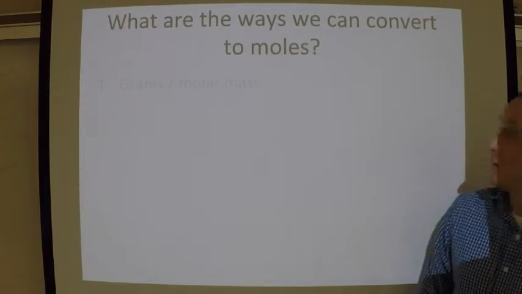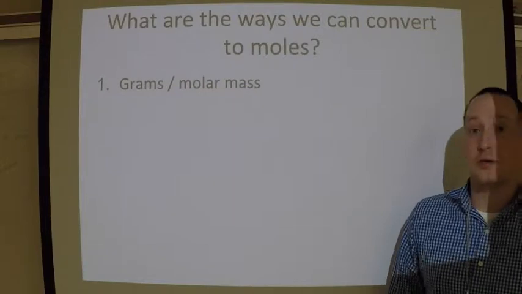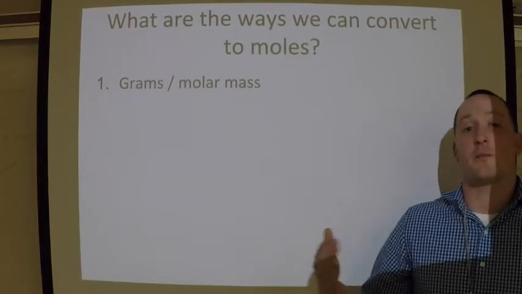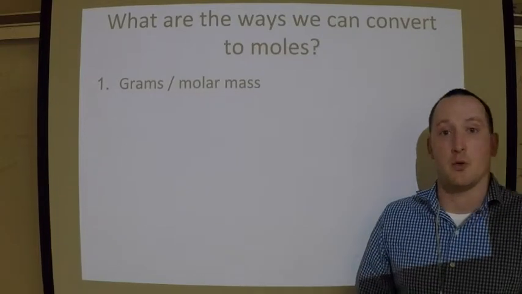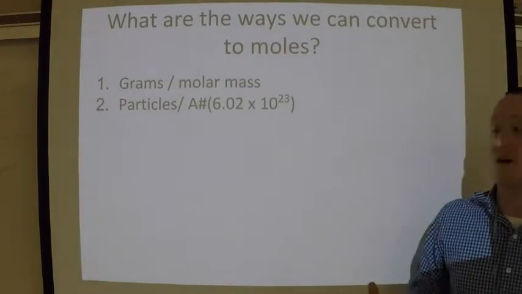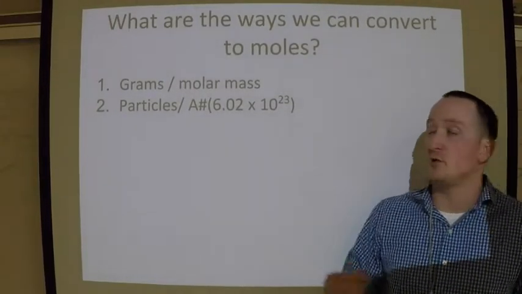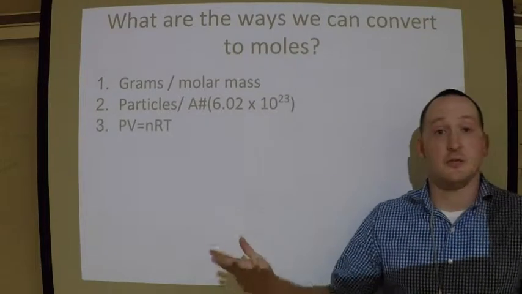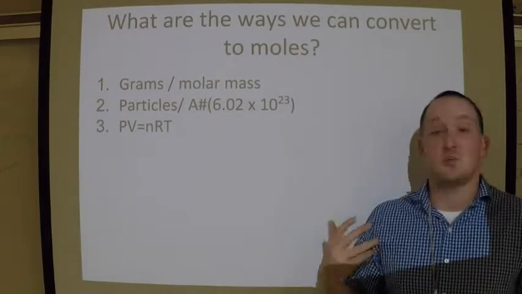Well, here are the ways that you should know. We can do grams divided by the molar mass. So if I know grams of something and I divide by the molar mass of that substance, I get moles. Then, if I take my number of particles and divide by Avogadro's number, which is 6.02 times 10 to the 23rd, that can get me to moles. I can use, like we did in last unit, PV equals nRT.